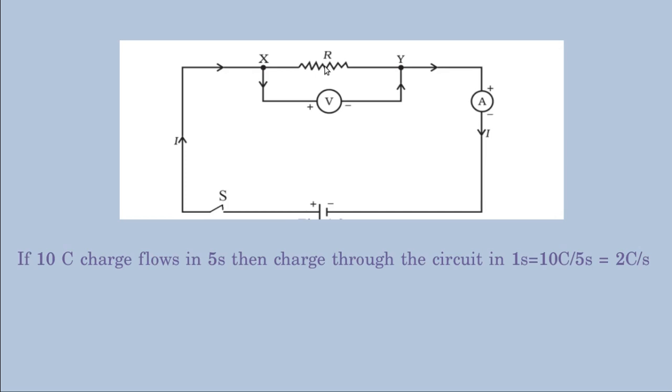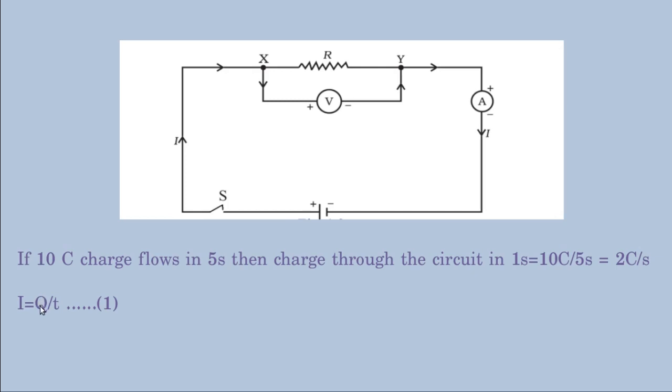How will you find out the current through the circuit? Mathematically, we are finding out the current by using the equation I is equal to Q divided by T. What is Q? It is the quantity of charges.